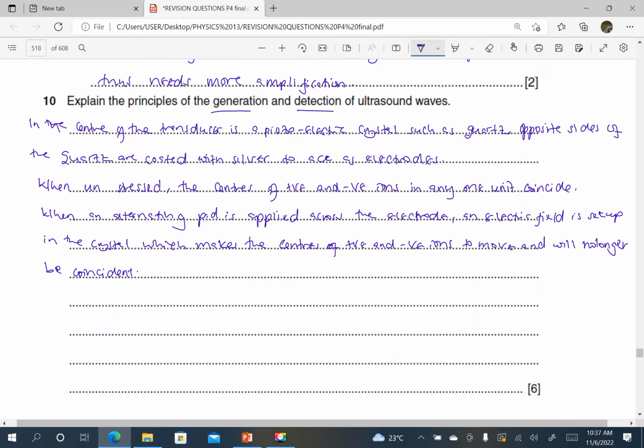Of course, the positive ions move towards the negative electrode.